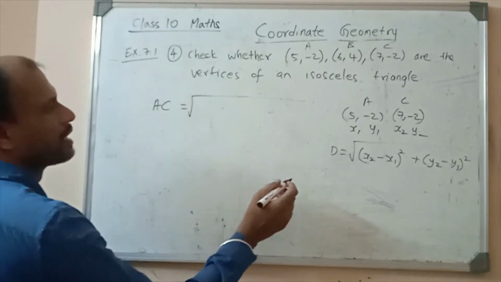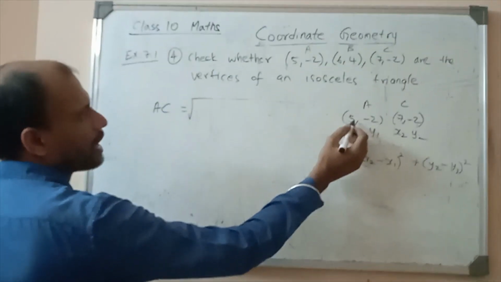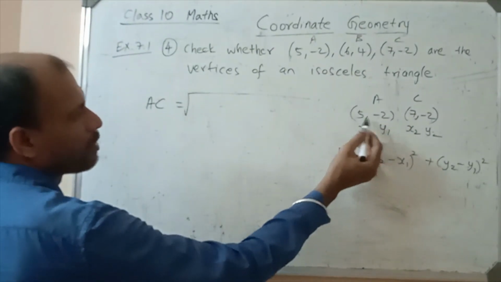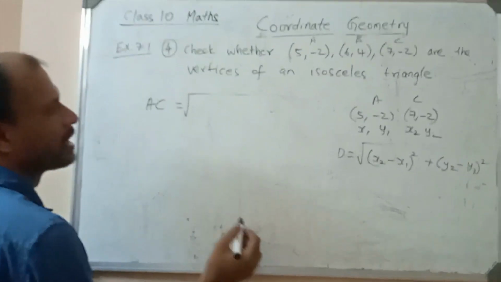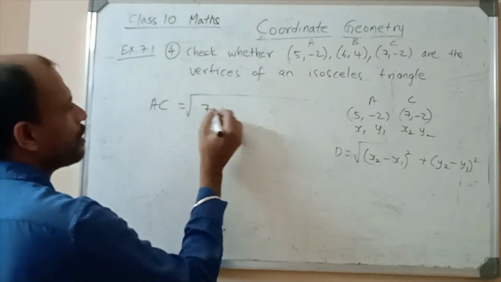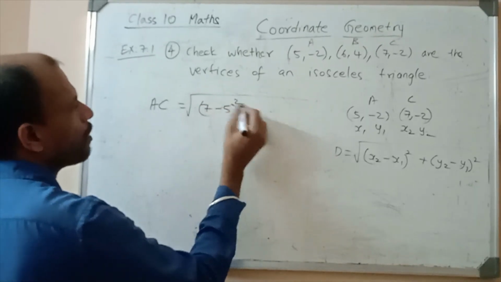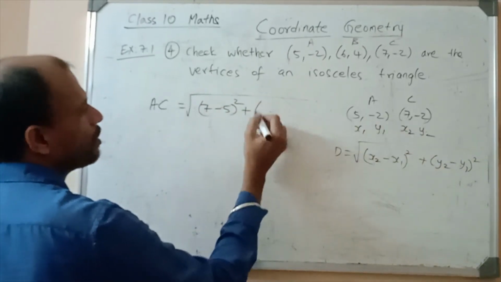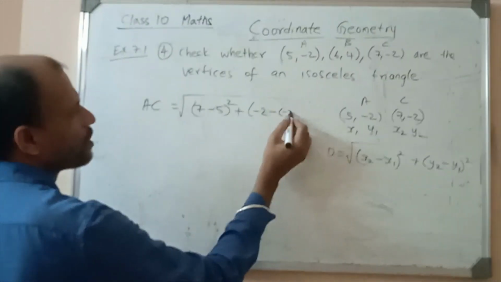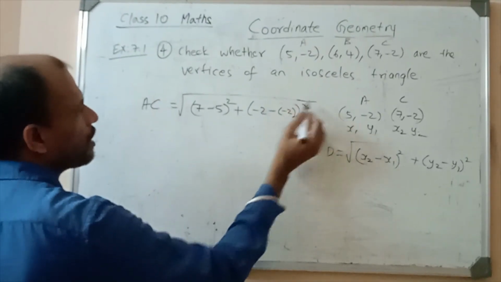Now let us find AC. So the coordinates of A are (5, -2), coordinates of C are (7, -2). Now this is x1 y1, this is x2 y2. Applying the formula, x2 minus x1, 7 minus 5 the whole square, plus y2 value minus 2 minus y1 value minus 2, so the whole square.